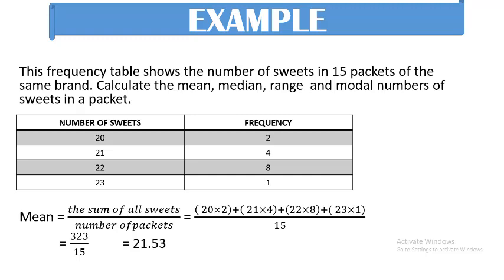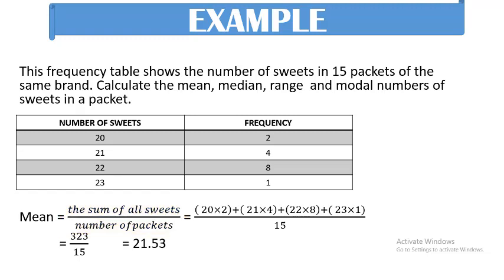And for us to find the number of packets, we are going to add the values in the frequency column, because those values are the number of packets. Now let us start with the mean. The mean is equal to the sum of all sweets divided by the number of packets.